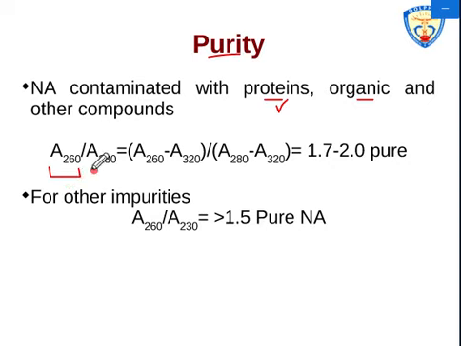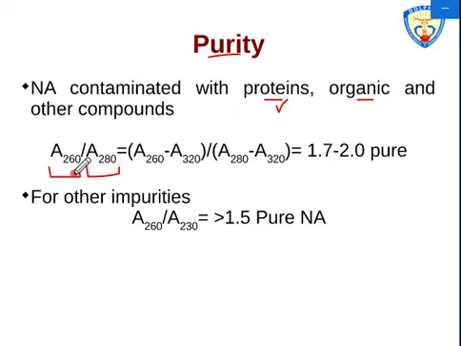Proteins, on the other hand, give us a maximum absorption at 280 nanometers. So if we find the ratio between absorption at 260 nanometers and absorption at 280 nanometers, we can find out the purity of the given nucleic acid sample.